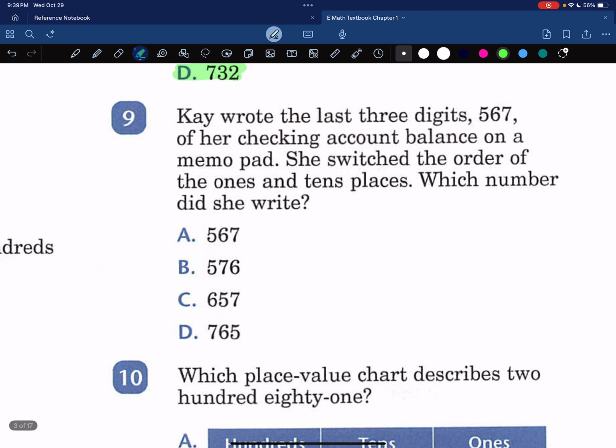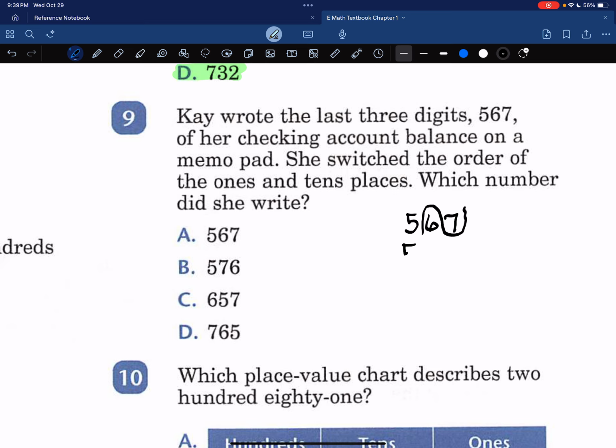Kay wrote the last 3 digits, 567, of her checking account balance on a memo pad. So let's do that. 567. She switched the order of the ones and tens places. So that would be this thing. She got those flip-flopped.